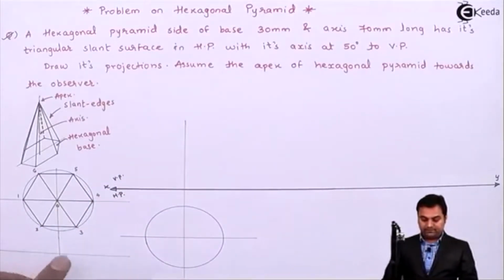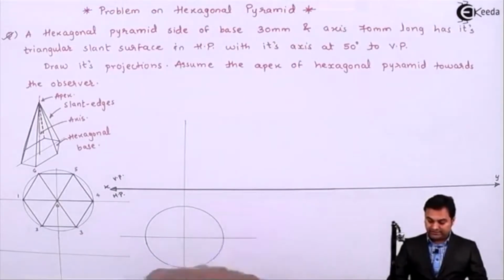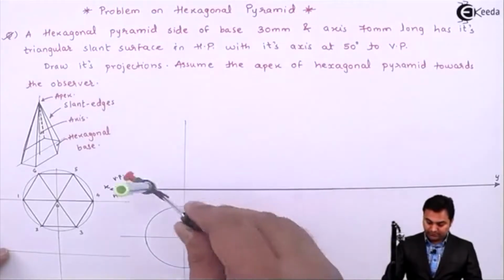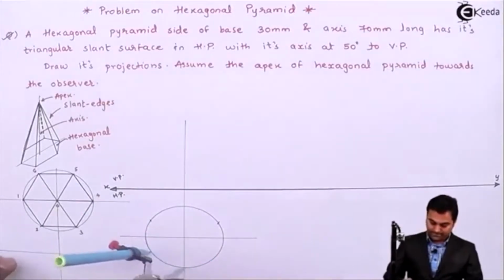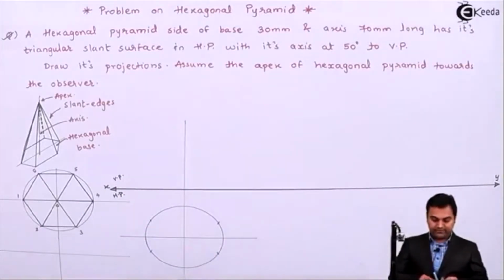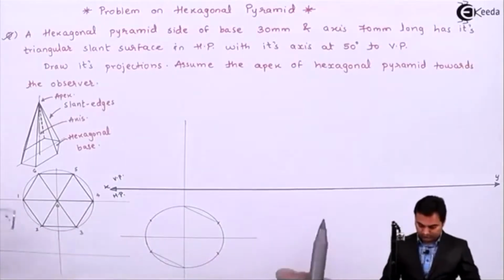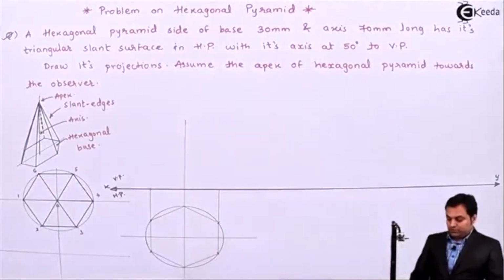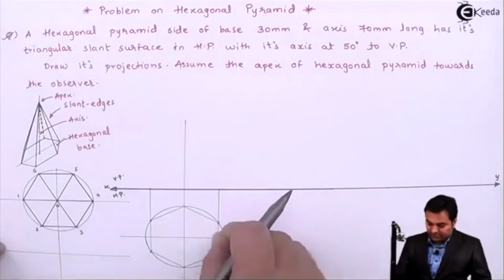Next, we have to draw the hexagon in such a way that we have an edge on the right hand side. So for that, I'll keep the point here at the top. Connecting these points. So here is the correct condition in which the pyramid is resting on an edge.